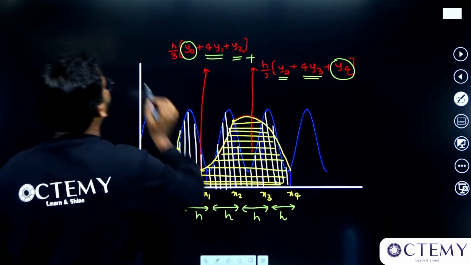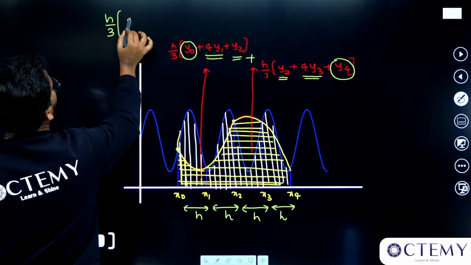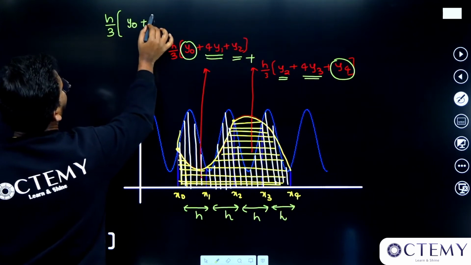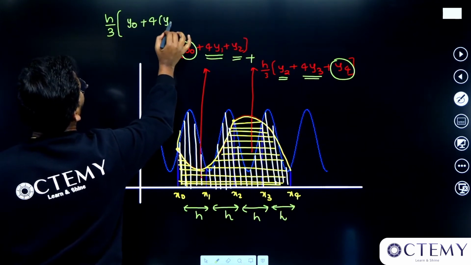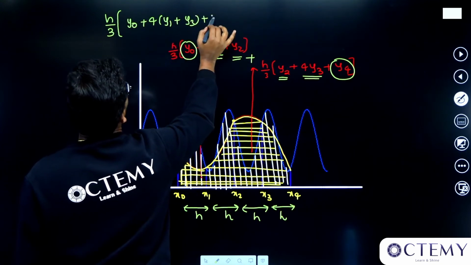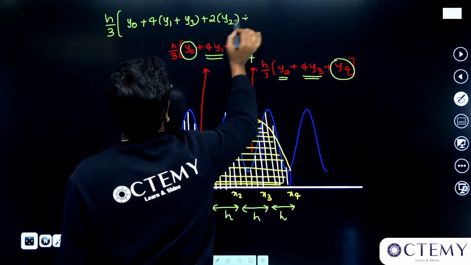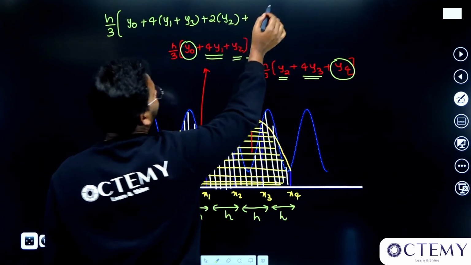So the entire formula will become h by 3 times y0 plus 4 times y1 plus y3 plus 2 times y2 plus y3, and y4 is last, so y4.